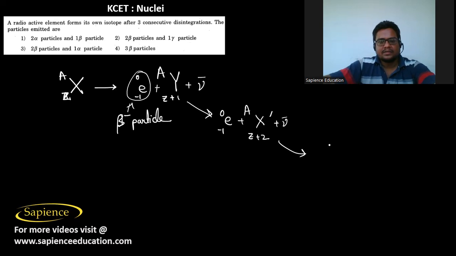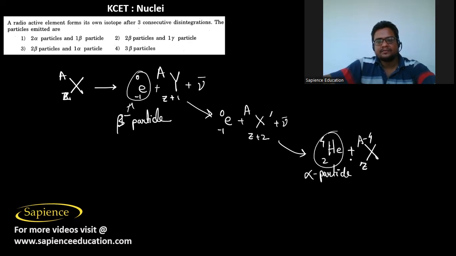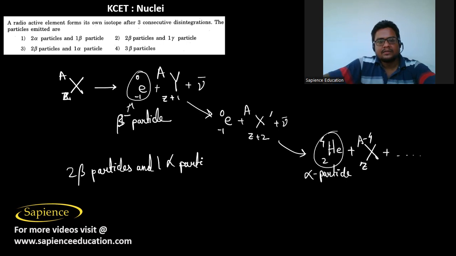So if it gives out an alpha particle, which is He^4_2, this is called the alpha particle, then again it will form X(Z, A-4) plus something. So it should give two beta particles and one alpha particle, then only, since it has to give its own isotope.